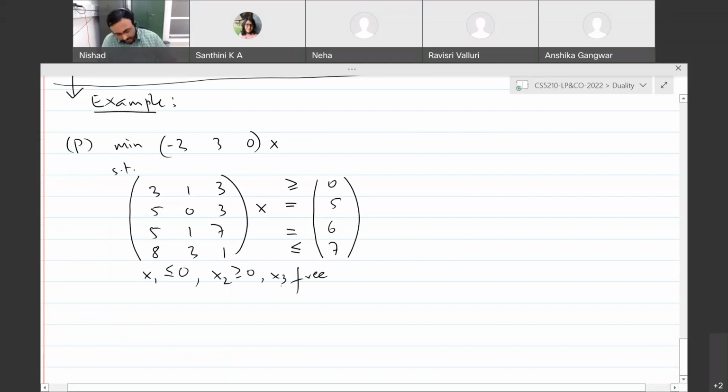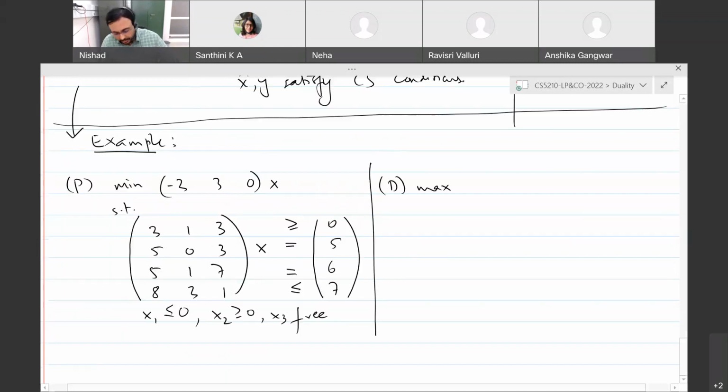Okay. And let's write down the dual quickly. I hope everybody is comfortable writing the dual. So the primal is a minimization problem, so the dual is going to be a maximization problem. And we get 0, 5, 6, 7 times y over here, subject to, let's take the transpose of this matrix.